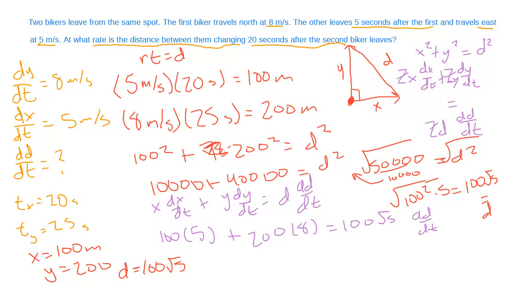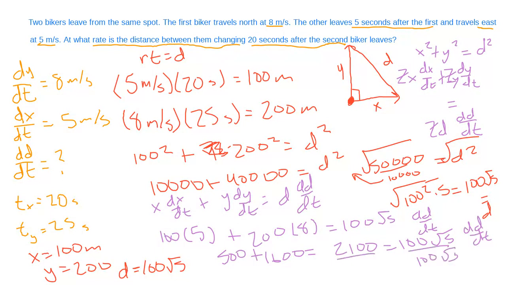We now have 500 plus 1600 equals 2100, which equals 100 square root of 5 dd over dt. Divide by 100 square root of 5. Then we can say that dd over dt equals 21 over square root of 5 meters per second.